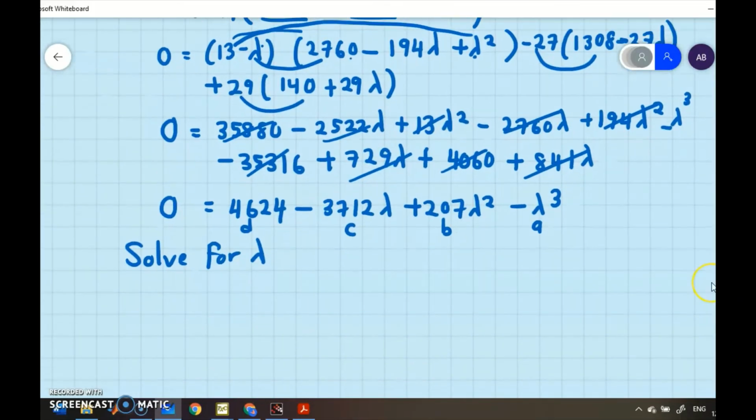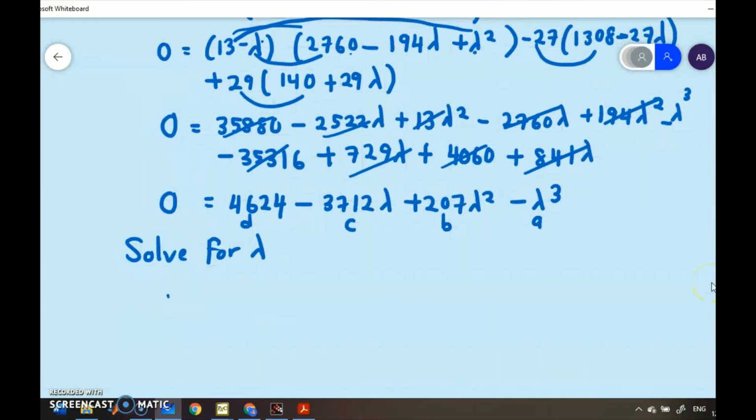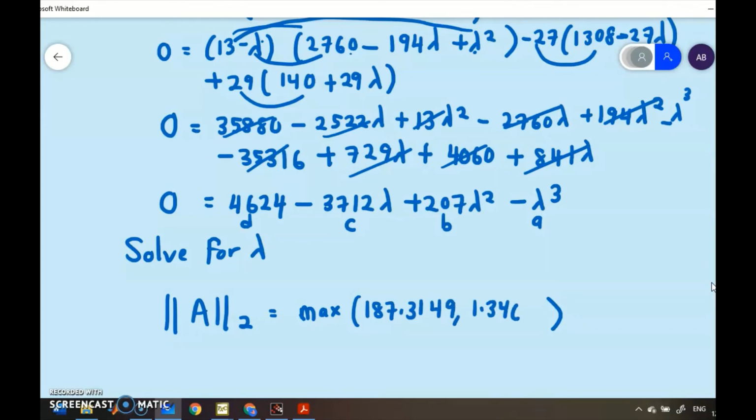So please know that what you want to find is the maximum, to find the A2 norm, where you take the maximum lambda, whatever lambda you have obtained just now, where I have 187.3149, I have 1.34607, and then I also have 18.33904.